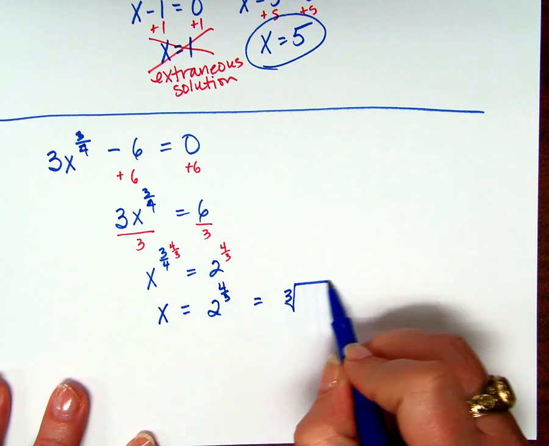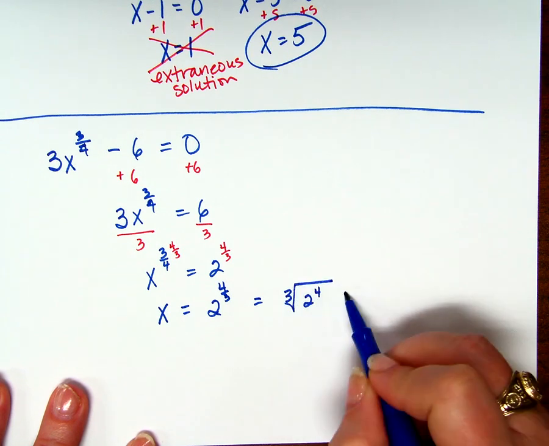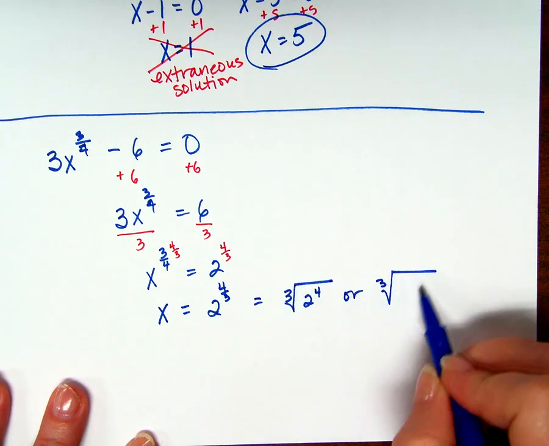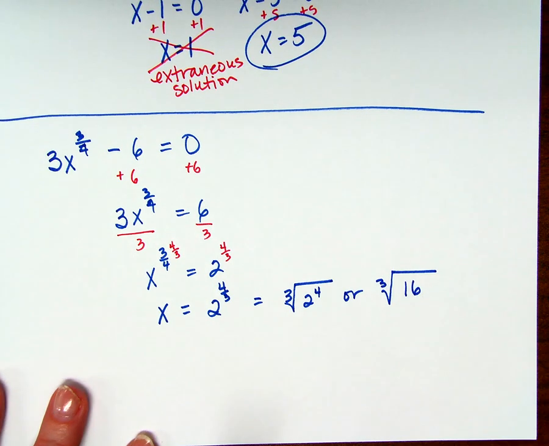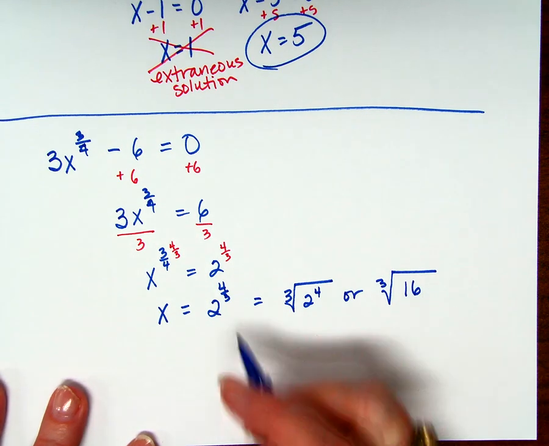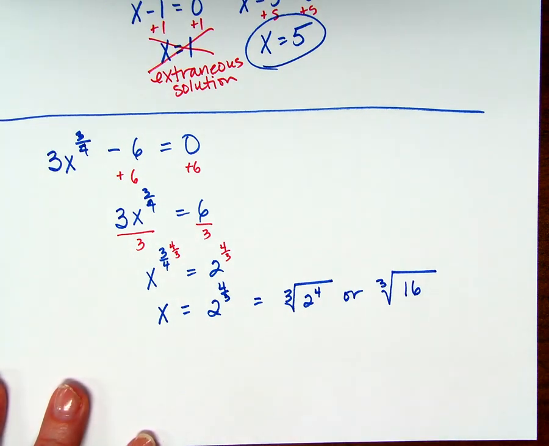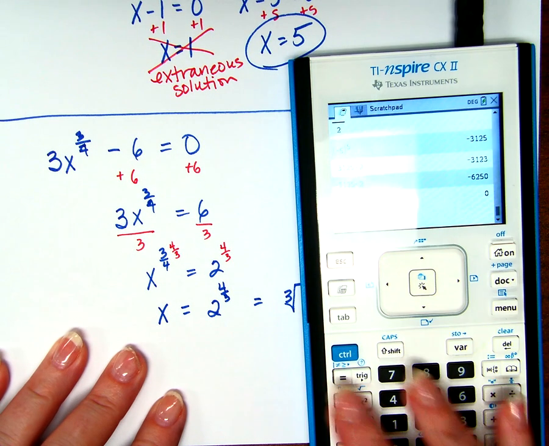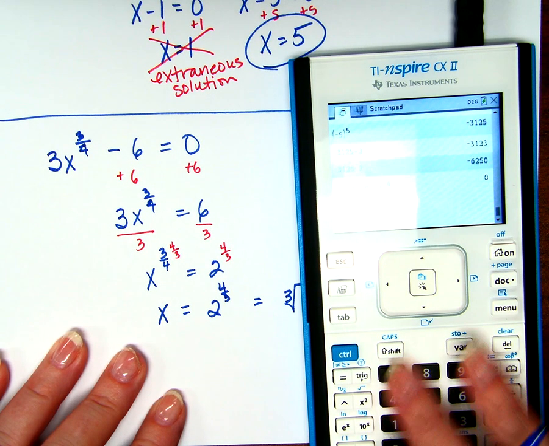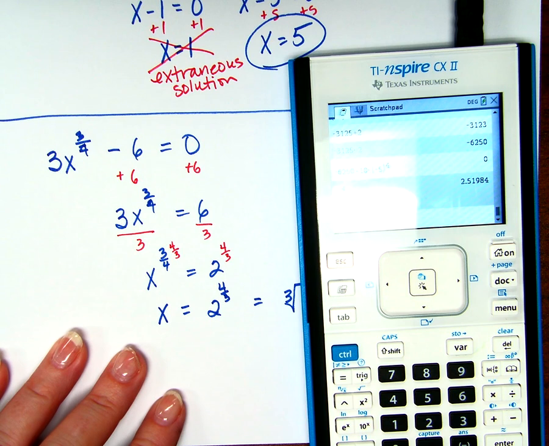So it's the cube root of 2 to the 4th power, or the cube root of 16. Right? But what if it says, simplify, round to 3 decimal places, or round to the 1,000th? What does it want you to do?